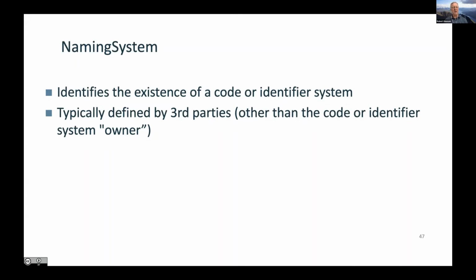There's a lot of use of NamingSystem there, and it tracks how different code systems or identifier systems have been referred to over time, and whether you can manage your identifiers that way. That's one use of this. They're typically defined by third parties, somebody other than the code system or identifier system owner. So SNOMED defines its own things, but in HL7 we might have a naming system resource that would show different ways it could be identified.